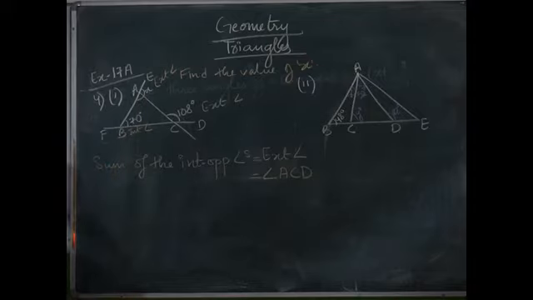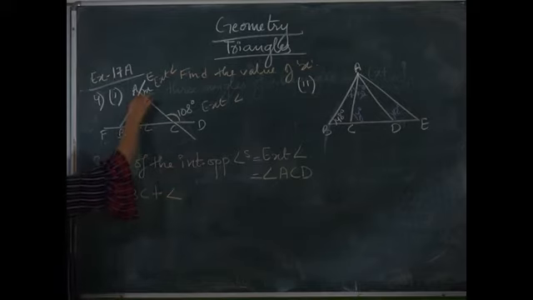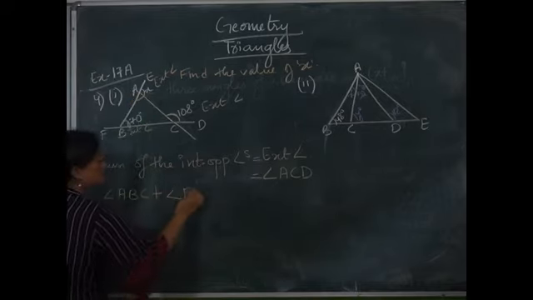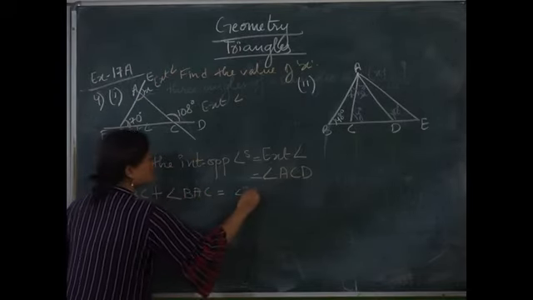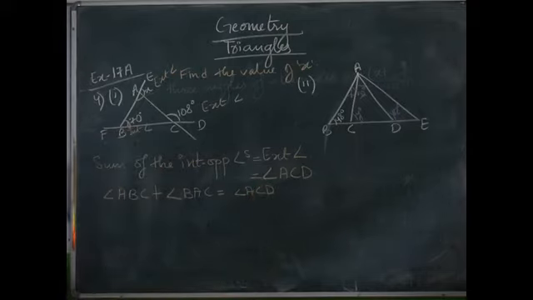So what do we know is your angle ABC plus angle BAC, which is this angle, is equal to your angle ACD.